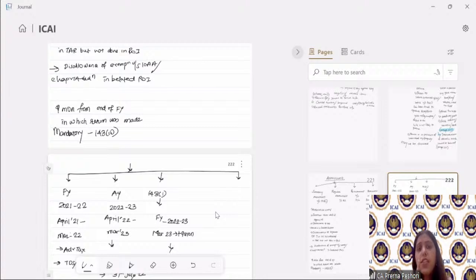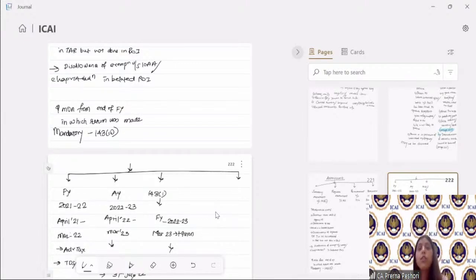Further, if, say, any refund becomes due to the assessee under 143(1), as we have discussed, and the assessing officer feels that granting the refund would adversely affect the recovery of revenue, then with the previous approval of the Principal Commissioner or Commissioner of Income Tax, the assessing officer can withhold the refund up to the date on which the assessment is made.